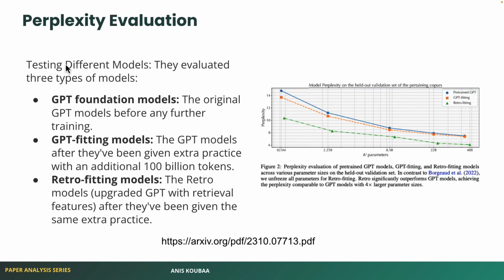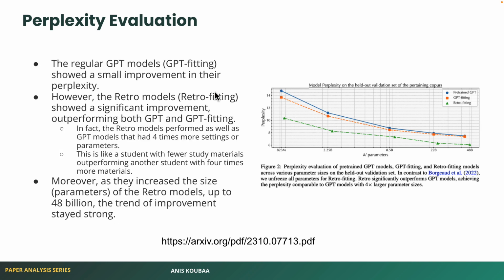So the authors also evaluated the perplexity and they tested different models. So first of all, they used the GPT foundation model without any fine-tuning, the base model, the GPT supervised trained model, and the retrofitting model, which uses both retrieval and fine-tuning. So the results here, as we can see, the regular GPT shows only a small improvement in perplexity.